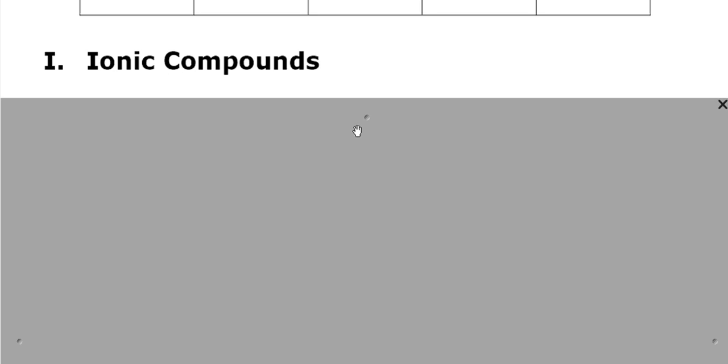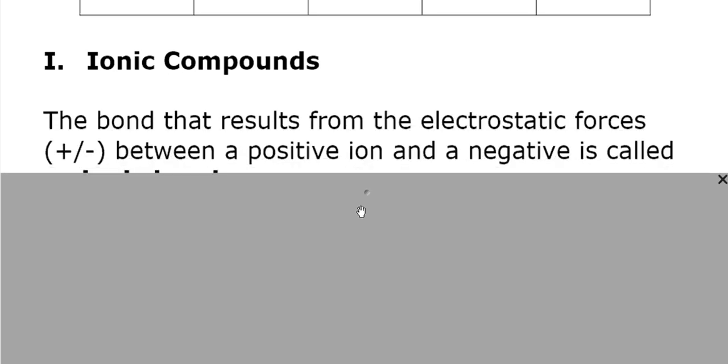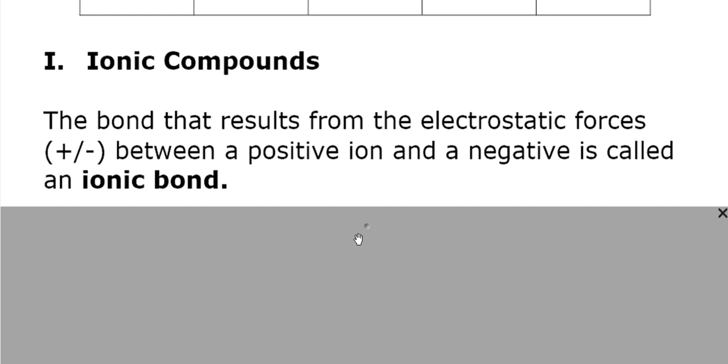So, ionic compounds. First, let's review what they are. This is something you should have learned in grade 10. So ionic compounds, they form a bond, and it's caused by electrostatic forces. What that means is a positive and negative charge, something that's positive and negative attracting each other.